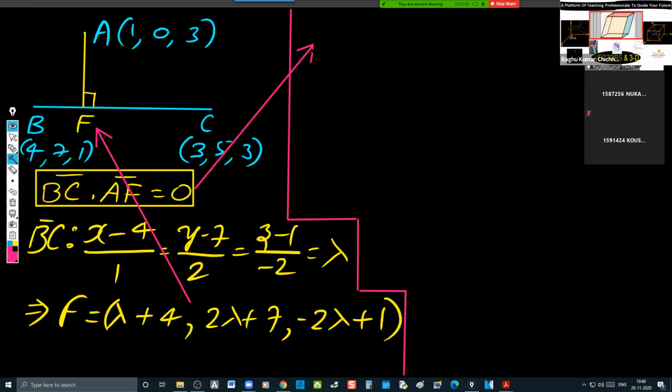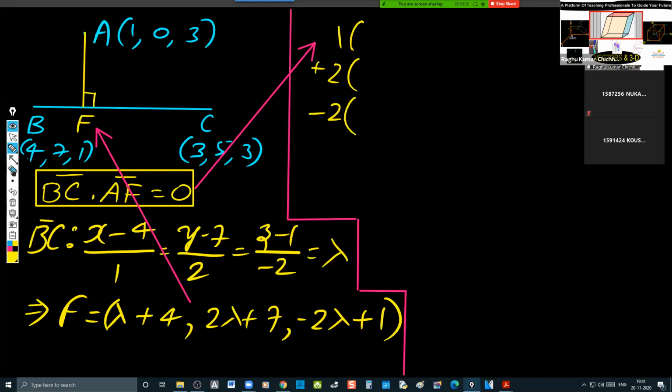Now I am applying this: 1 within brackets, plus 2 within brackets, plus minus 2 within brackets.